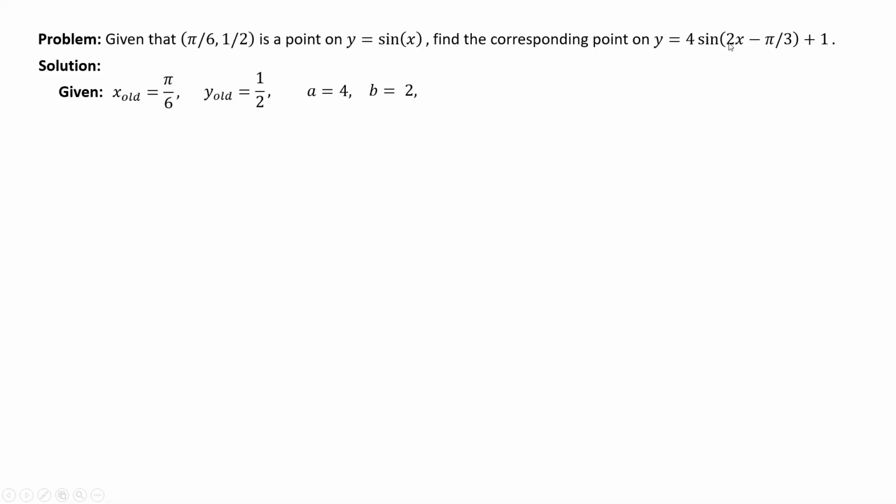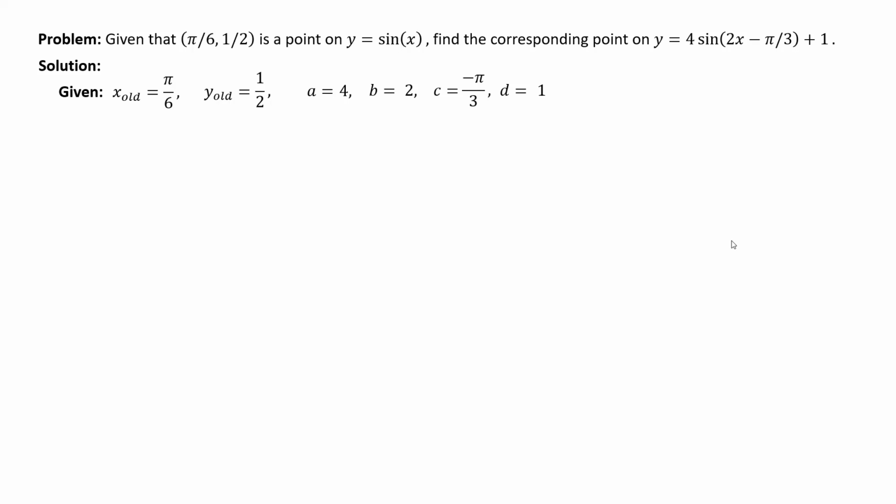Because we have to compare it with bx plus c, or we can think of 2x minus pi thirds as 2x plus negative pi thirds. Then c is actually negative pi thirds. Cool? And d is 1. Are you okay with this?